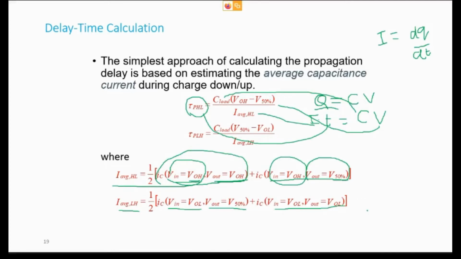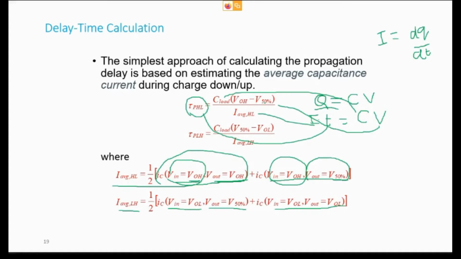Now when you are looking at the high to low transition, your capacitance is the same. We have already done this exercise, that your entire set of capacitances is reduced to a simple capacitance called load capacitance. In load capacitance, we have included several capacitances. The voltage we know: VOH minus V50%.